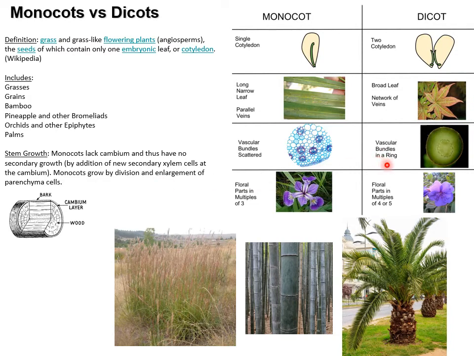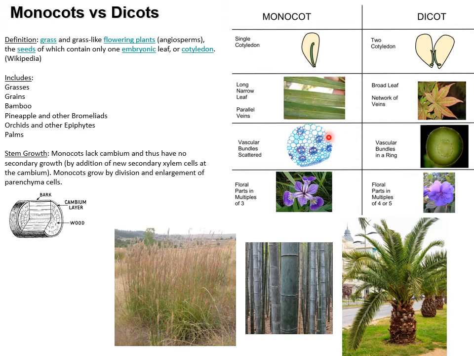Let's look at this. So this picture over here is a dicot, and so the cambium is on the outer side. And in a typical dicot, the vessels are scattered various ways through the stem. But in a monocot, the vessels are not scattered around.